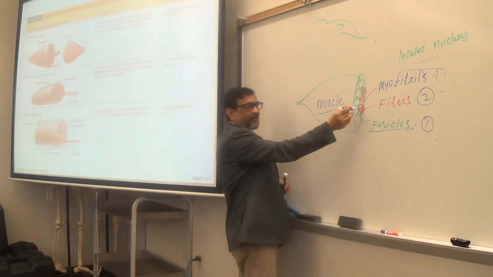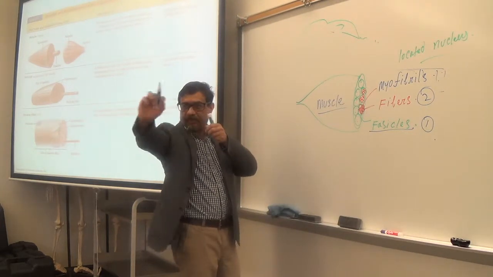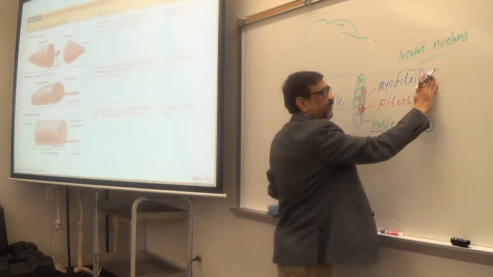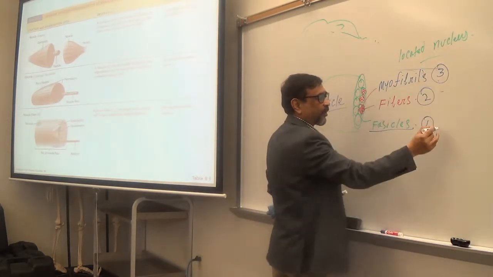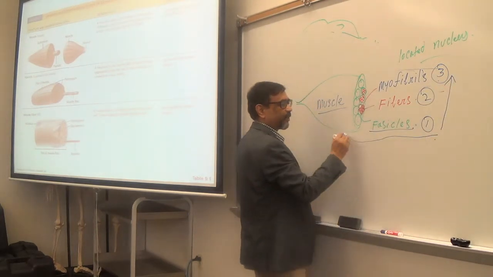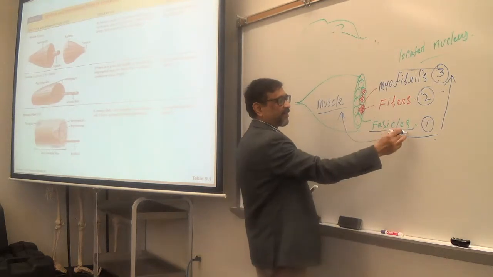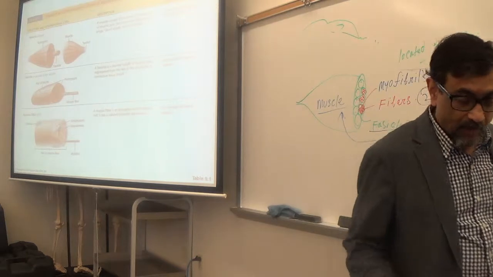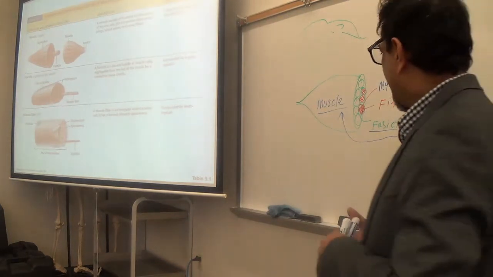Inside the muscle fibers, you have thin filaments, rod-like structures. Those are called myofibrils. So this is from largest to smallest: the whole muscle, and then fascicles, fibers, myofibrils. That is the structure of the skeletal muscle.